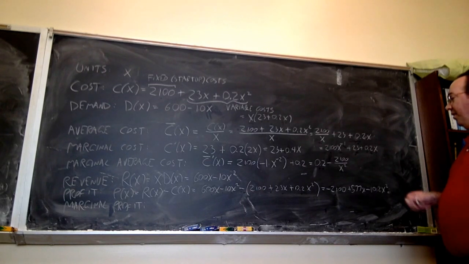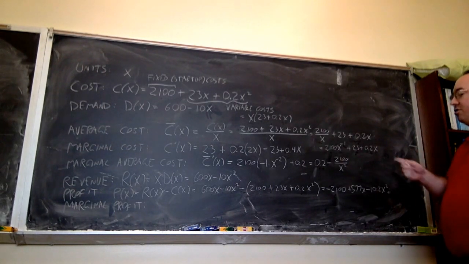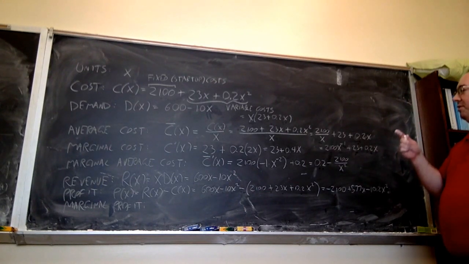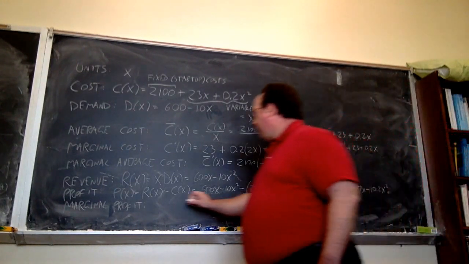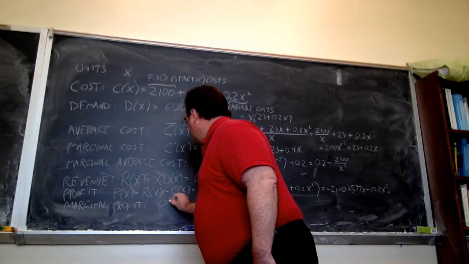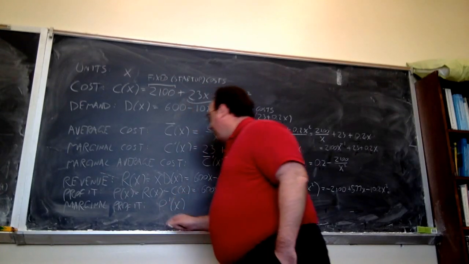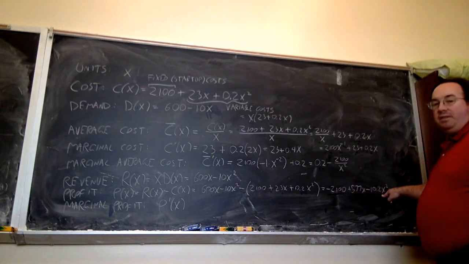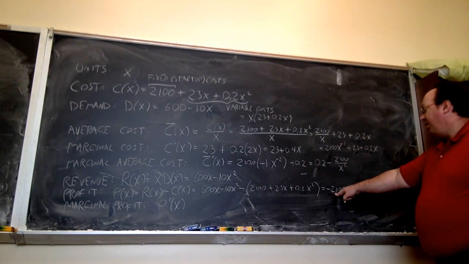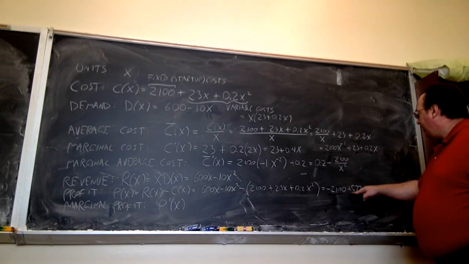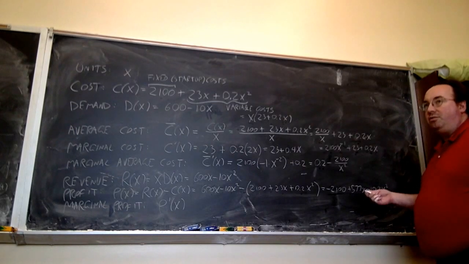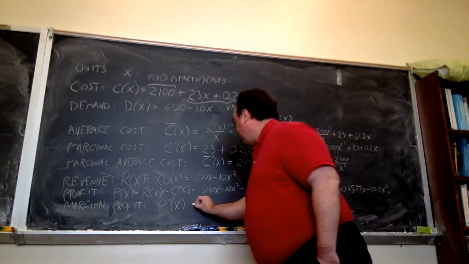Finally, the marginal profit, just as marginal cost is a derivative of cost, marginal profit is a derivative of profit. So I just have to take the derivative of this function here. Well, minus 2100, that is a constant, so its derivative is 0. Then I move to the next term, I get 577 times the derivative of x, which is just 1. So I get 577.